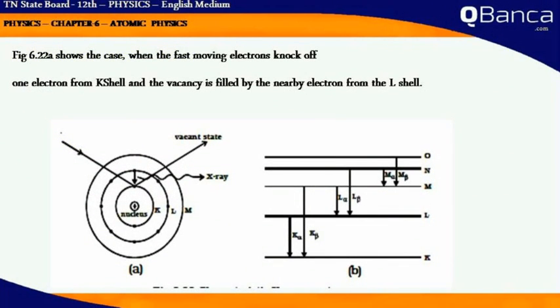When the fast-moving electrons knock off one electron from the K shell and the vacancy is filled by a nearby electron from the L shell, during this transition the energy difference is radiated in the form of X-rays of very small wavelength.